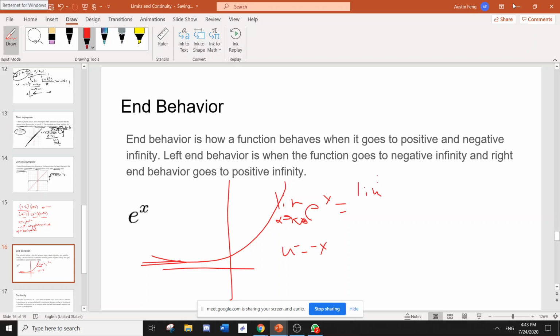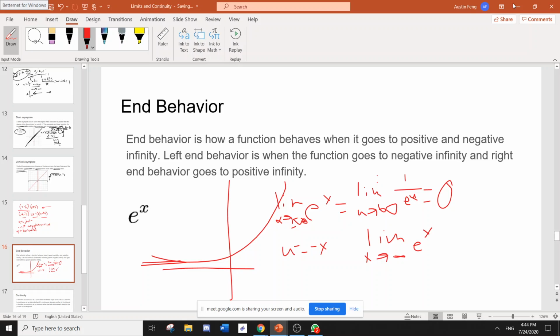Then as x goes to negative infinity, u goes to infinity, and we get the limit of 1 over e to the u. That's basically 1 over infinity, which becomes negligibly small, so this is equal to 0.